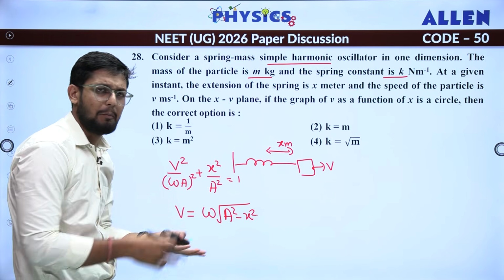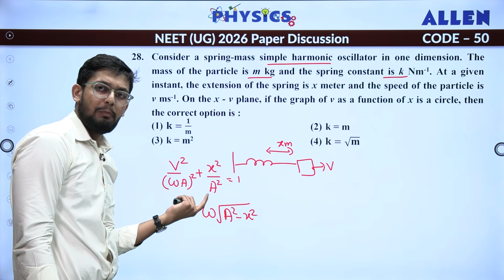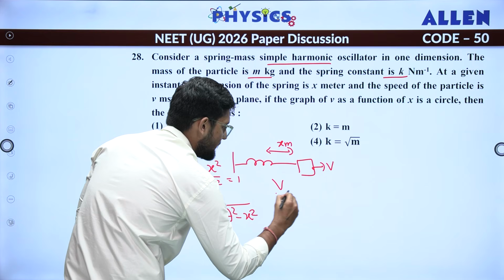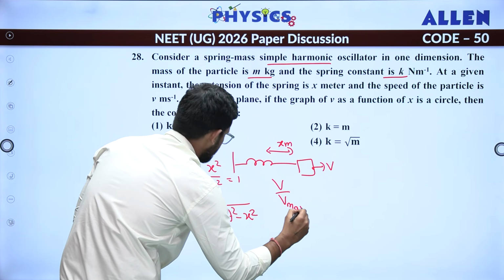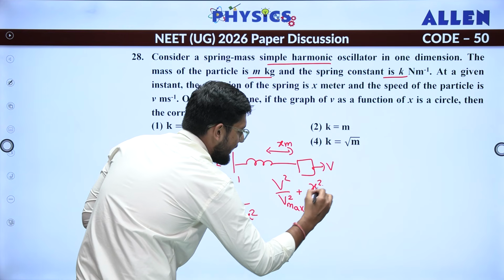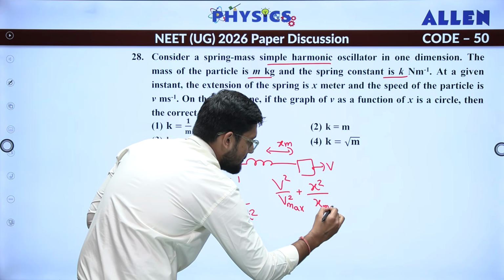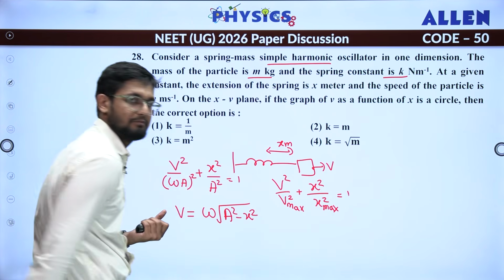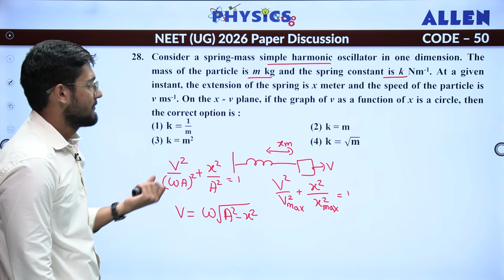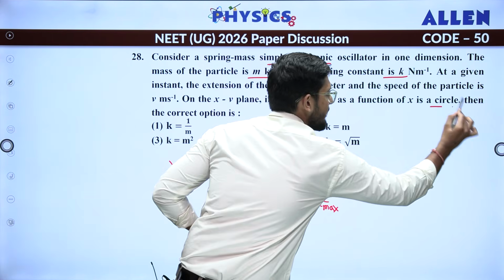Both are the same in different formats. This is used to plot the graph between v and x. That is, v by v max square plus x square by x max square is equal to 1. Now they are saying that we want a circle.